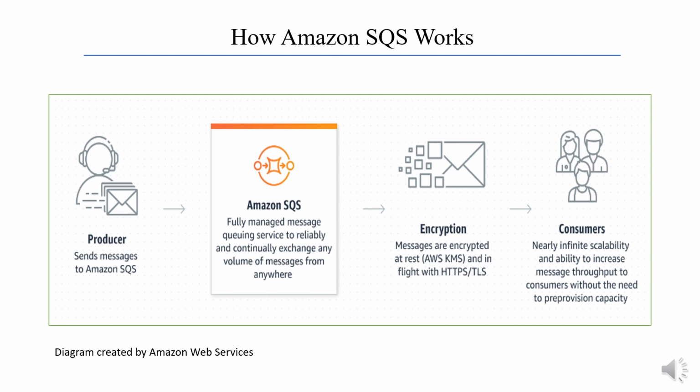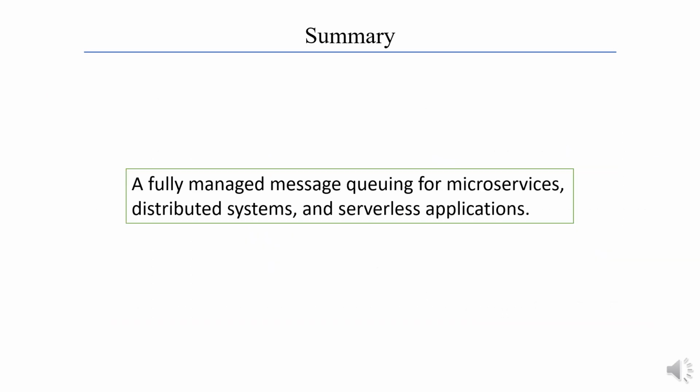We encourage you to read the diagram and get a better understanding about how Amazon SQS works in an application environment. In summary, Amazon Simple Queue Service is a fully managed message queuing for microservices, distributed systems, and serverless applications. Build applications with highly scalable architecture using Amazon SQS.